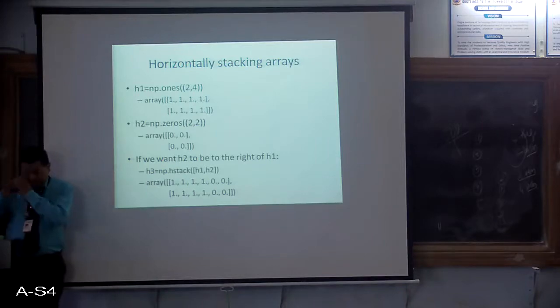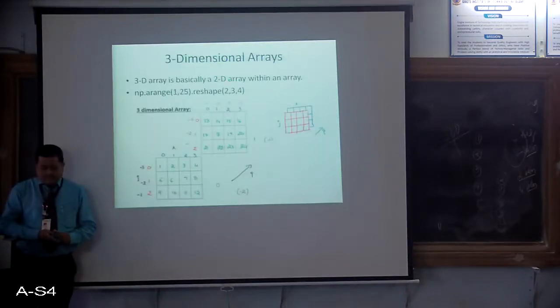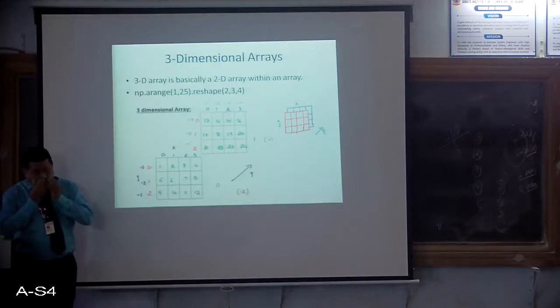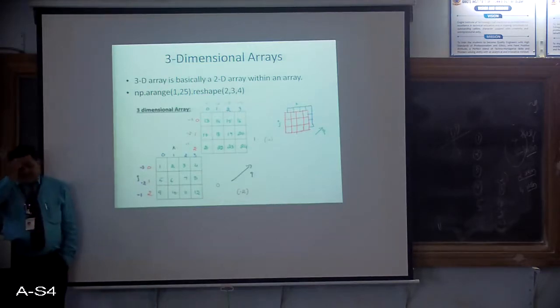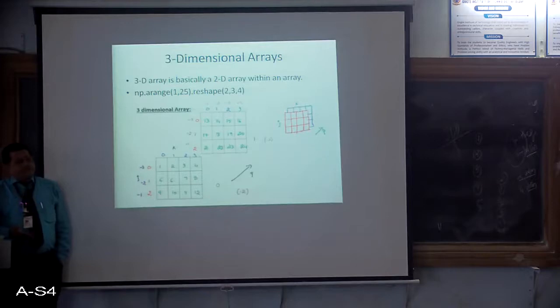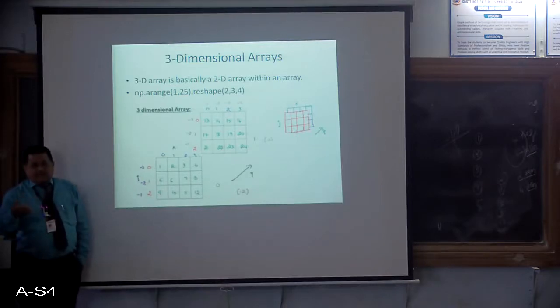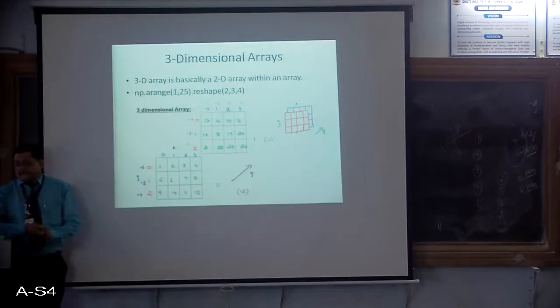We'll proceed further. So far we have seen how to perform operations on one-dimensional and two-dimensional arrays in NumPy. You can go beyond 2 dimensions. You can in fact work on 3-dimensional arrays or 4 or 5-dimensional arrays and so on. Let us quickly look at how we deal with 3-dimensional arrays.